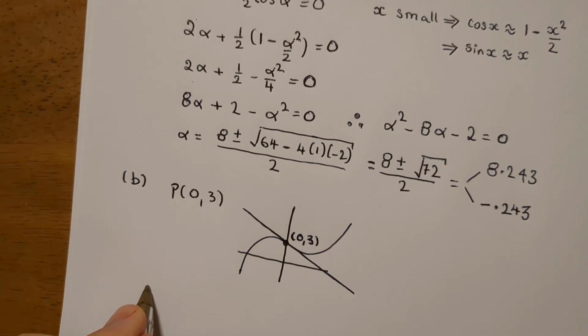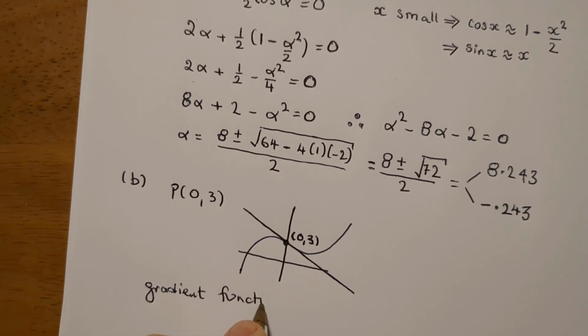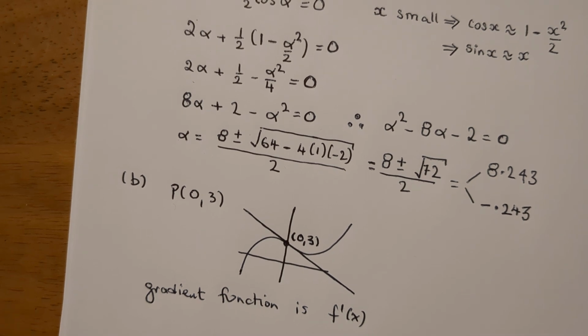And the gradient function is simply f dash of x, because f of x is the curve and f dash of x is the gradient of the curve. So f dash of x, of course we know, is 2x plus a half cos x.